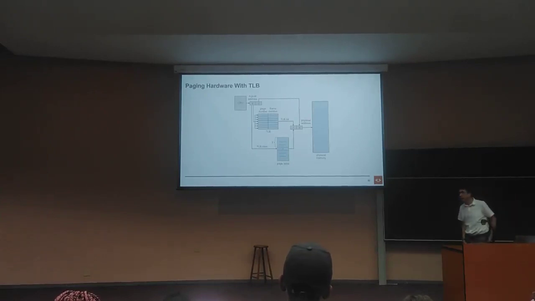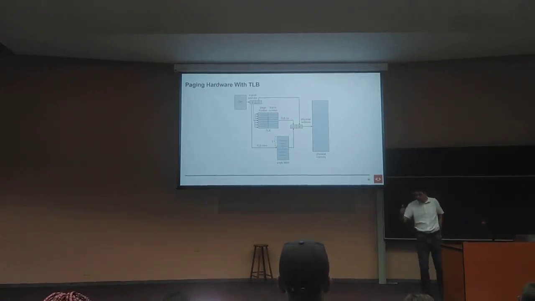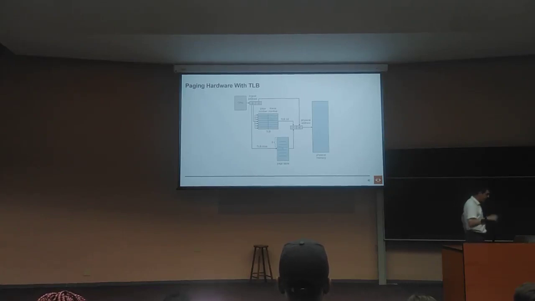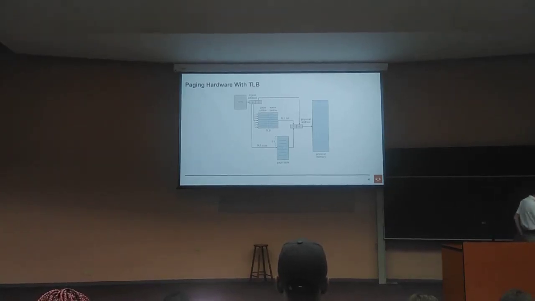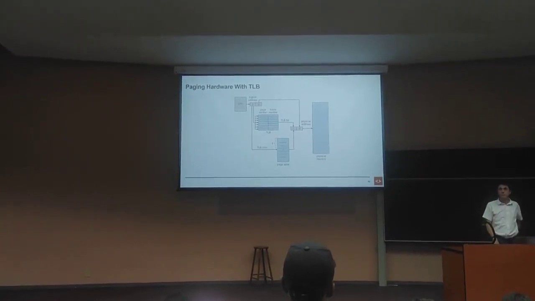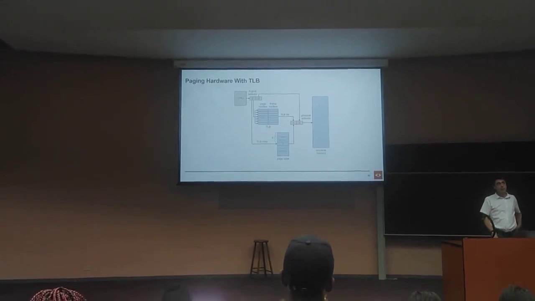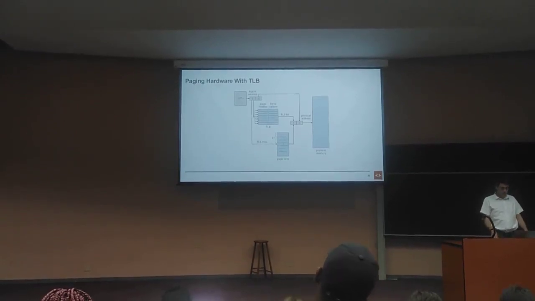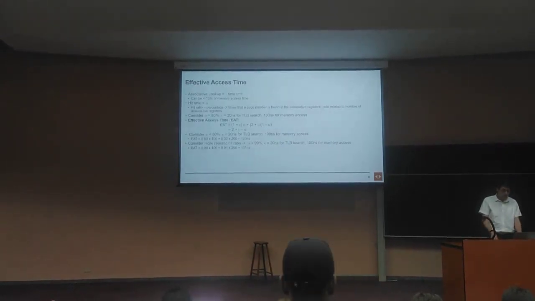And whenever we do a context switch, the TLB gets flushed and new TLB entries get built when you do lookups. It's kind of like the cache as well. That is it for the revision. For the theory.